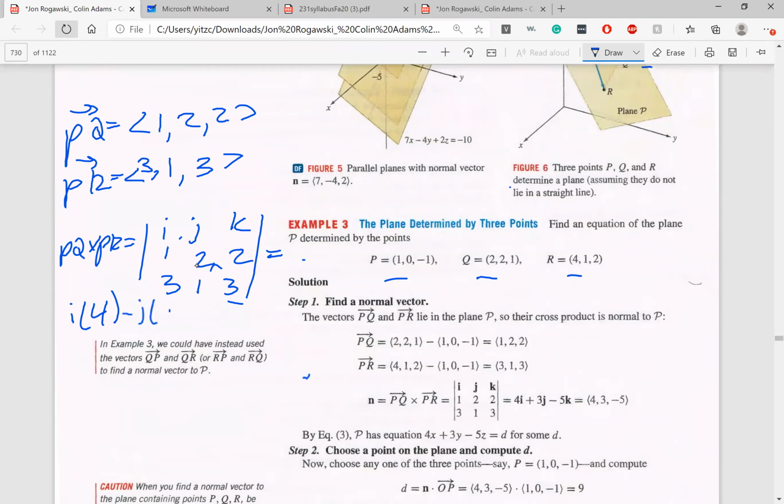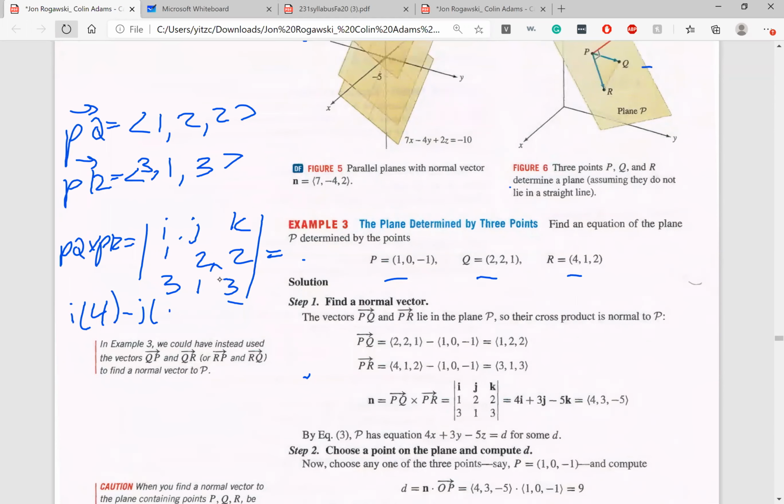So for j, we're going to have 3 minus 6, so that's going to be minus 3. But with this minus, this will become plus, and this will be 3.